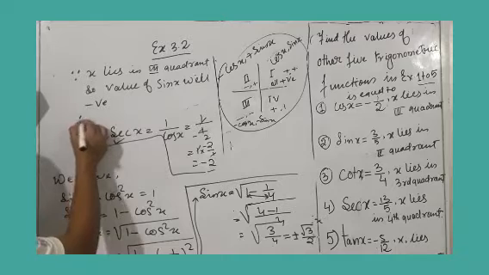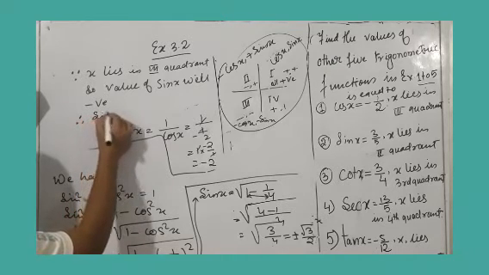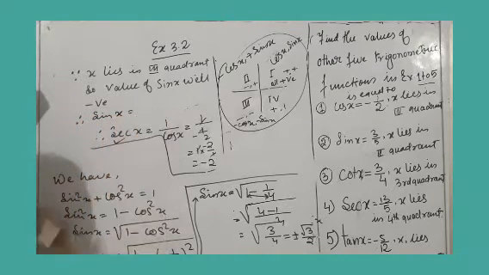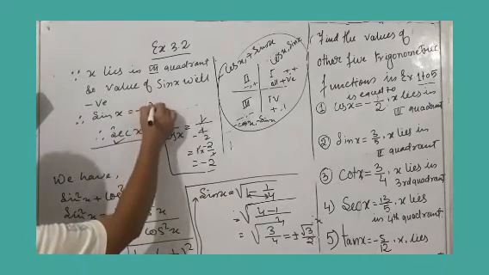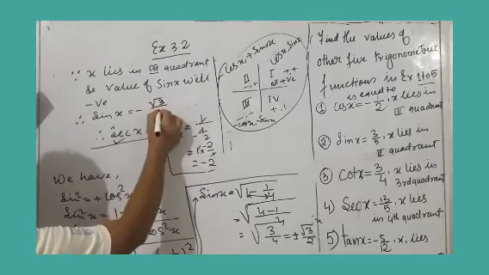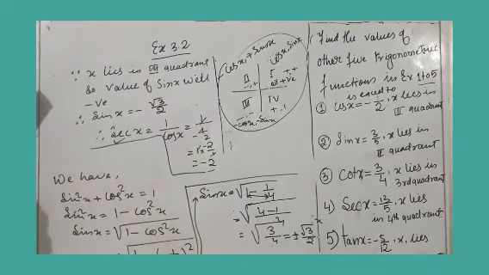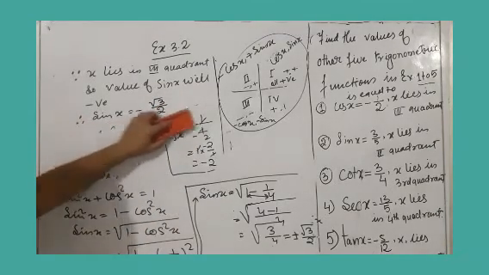Therefore, sin x equals minus under root of 3 by 2. Okay, I am writing this part.